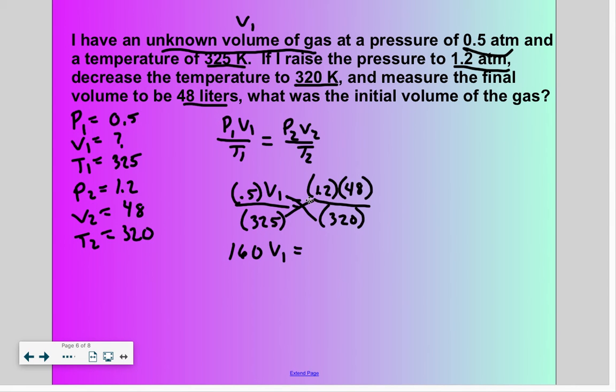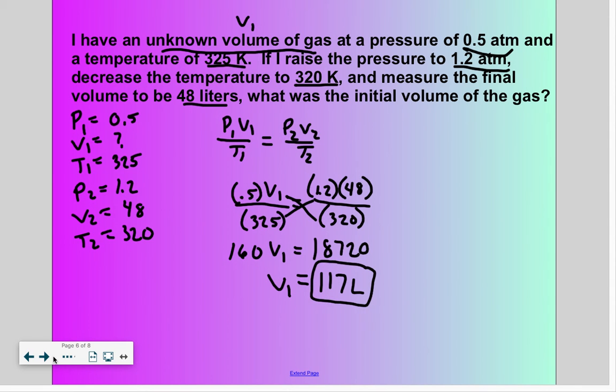And that gives me a value of 18,720. So naturally, we're going to divide by the number that precedes the variable. So I can see I have V1, and I'm going to divide by 160, which is going to leave me with 117. It actually comes out exactly 117. And remember that the units are liters for that.